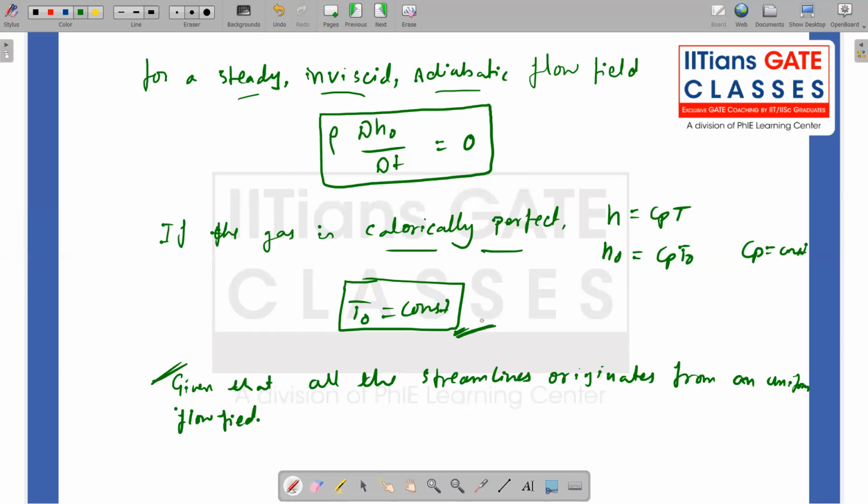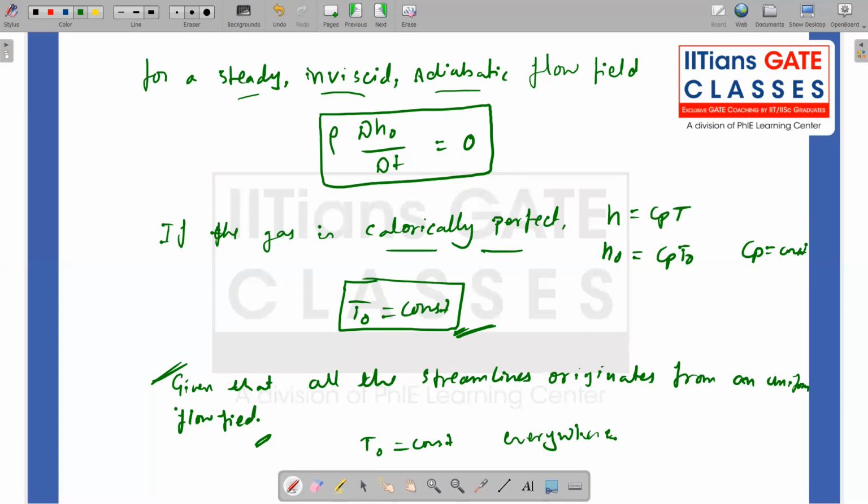So this is what we defined so far. Till this point, we are considering a single streamline. We are imposing another condition of a uniform flow field, where the streamlines are originating from the uniform flow field. When I impose this particular condition, then I can say T naught is constant everywhere. So this is very important. Now I have defined stagnation properties for a flow field, but it is not necessary that the flow field has to be adiabatic to define a stagnation temperature.